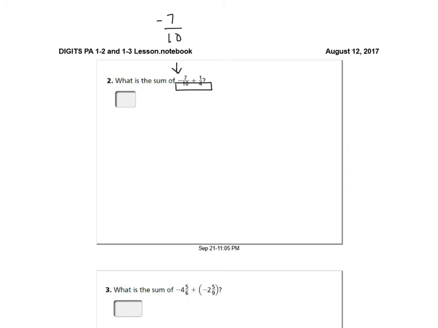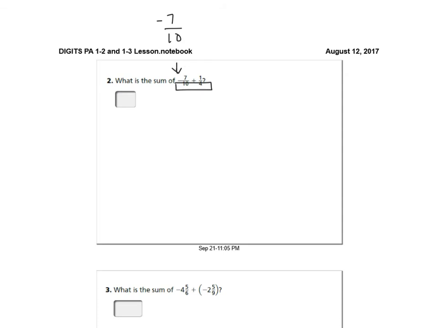20 goes into both, 10 goes into 20, and 4 also goes into 20. So in order to do that, I need to multiply the top and bottom. So I need the denominator to be 20. So like I said, we have to find a common denominator. So I know that 20 is the common denominator.